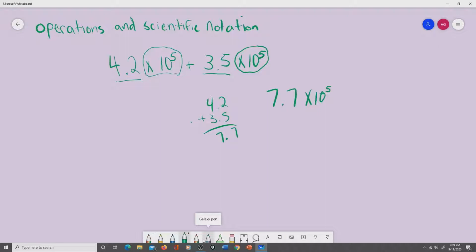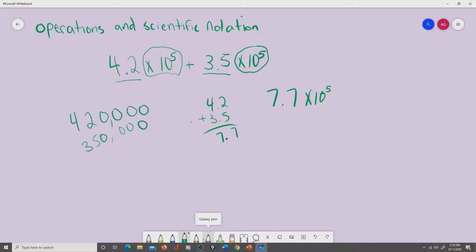Like if this number written all the way out is 4, 2, 0, 0, 0, 0, right? So 420,000, and this one would be 350,000. So when we look at that, we're adding the right things up. We got 100,000s, 10,000s, thousands, hundreds, tens, and ones. So that's a fair comparison when we're doing that.